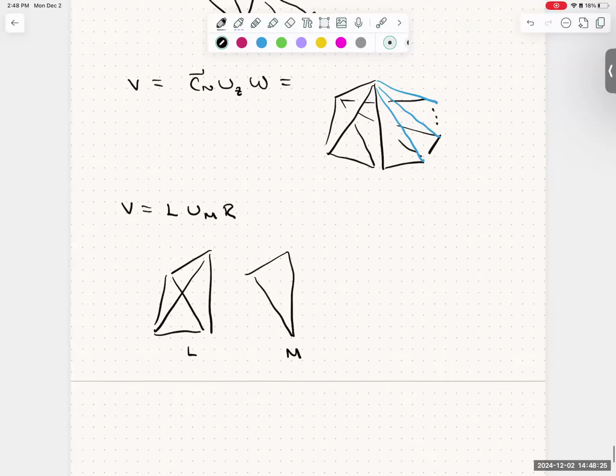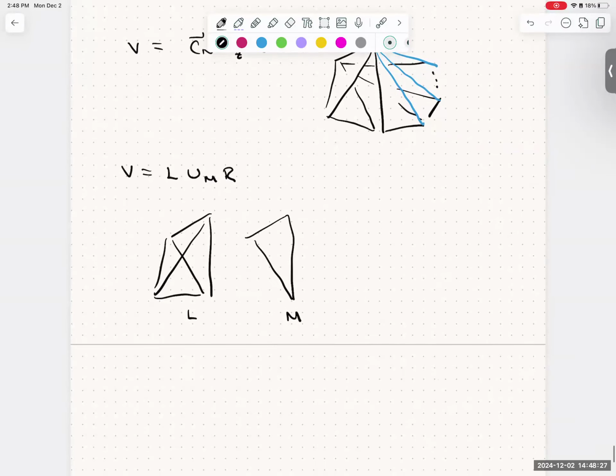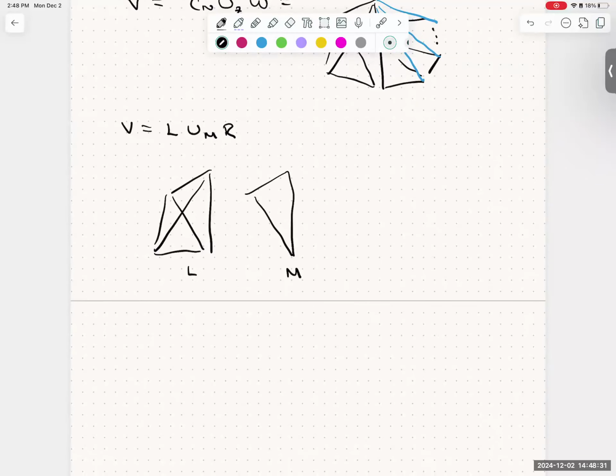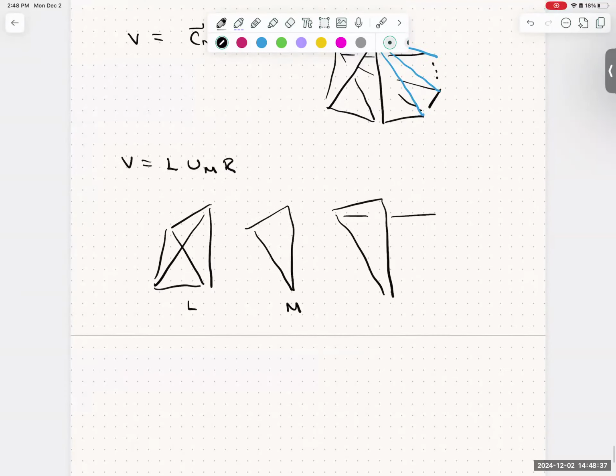And then you have R, which is going to be very related to, I guess, the cycle scenario. I have the bottoms filled in here. This is R.